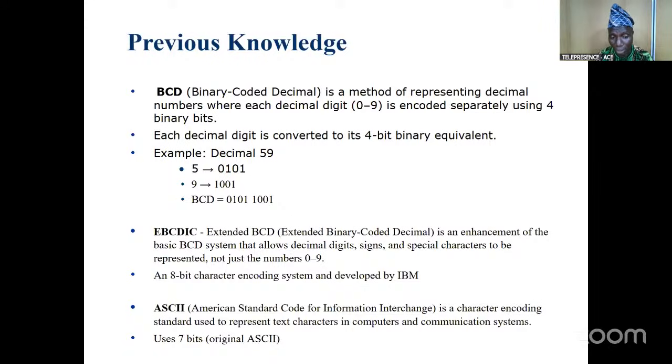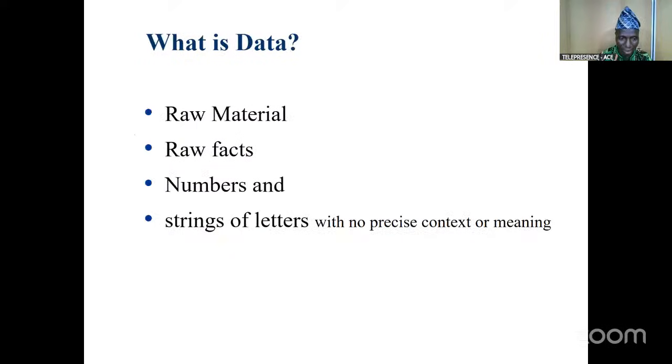You have to read beyond what is presented here. This is just an introduction to introduce you to the knowledge. Now, you have to be able to differentiate between data and information. If we have a question in an objective way, you should be able to tell us what you mean when you are saying data is raw fact.